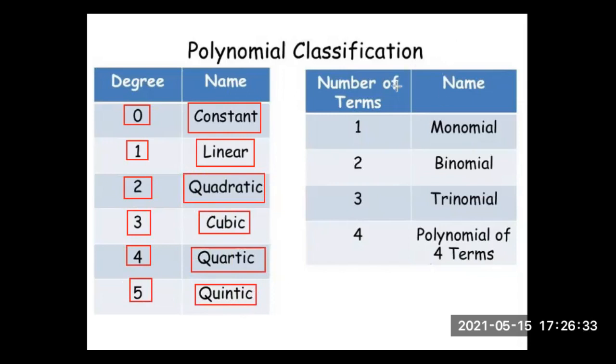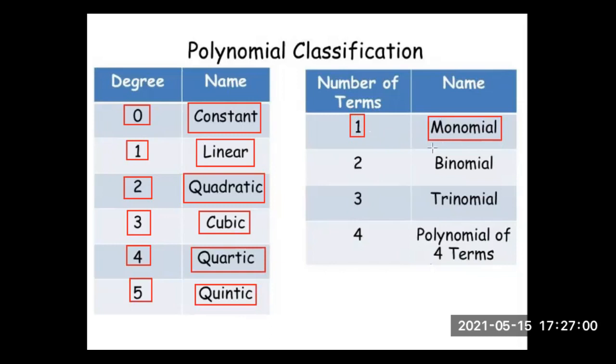Now if any expression has only one term, later I'll explain what the terms are. For example, in 2x plus 3x square, that expression has 2 terms. If an expression has only one term, we call it a monomial.